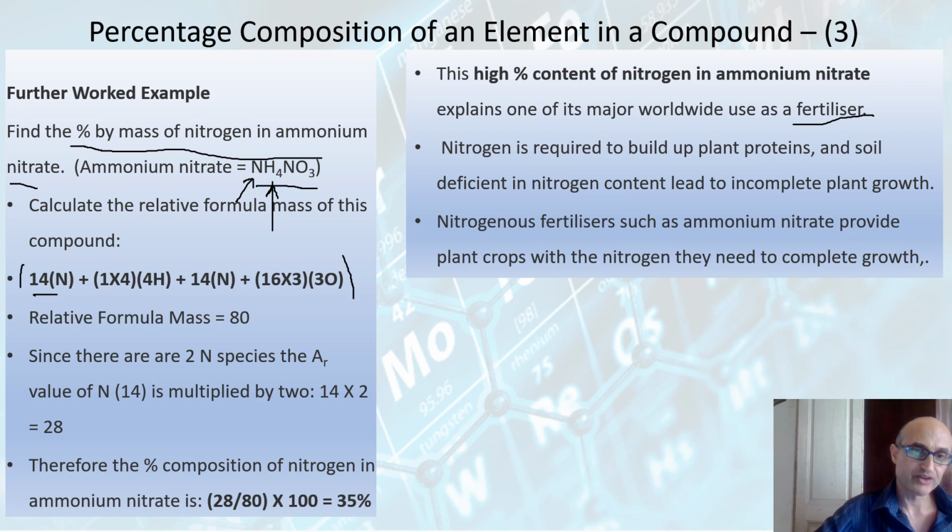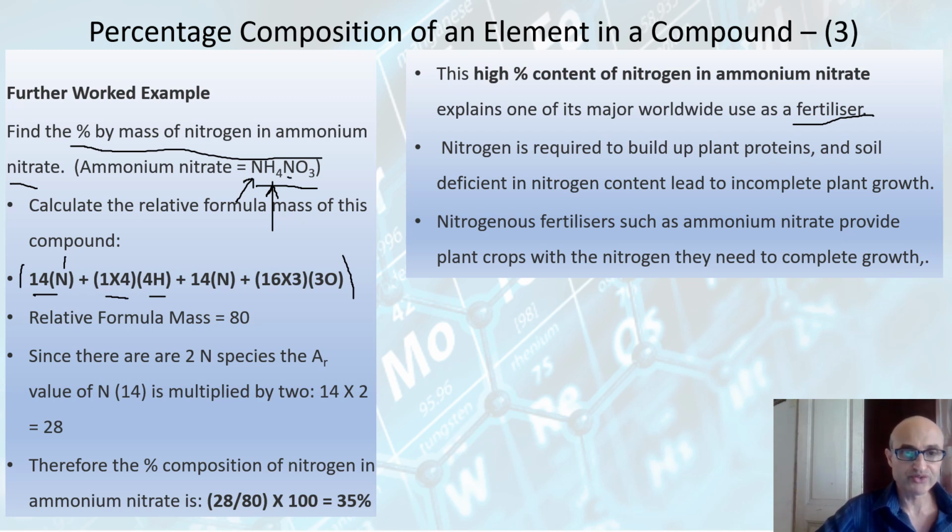Now hydrogen has a relative atomic mass of 1, but we have 4, therefore we multiply the 1 by 4. I've even indicated in brackets what each relative atomic mass stands for. In the first case, I have 14, which represents a single nitrogen. I've got 1 by 4, which is the contribution from 4 hydrogens.